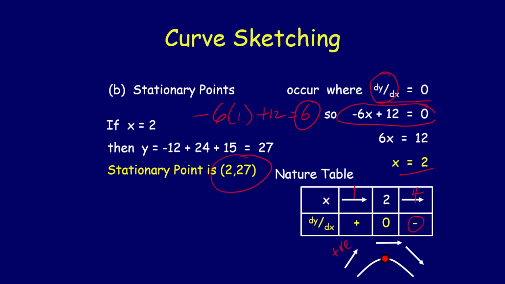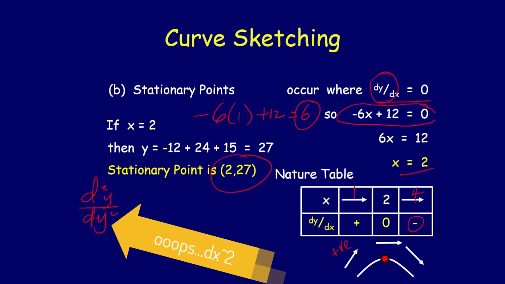So there is another way of determining. That is just one way. The other way is by taking the second derivative. That is the second derivative. If you get the second derivative, this is the first derivative, negative 6x plus 12.